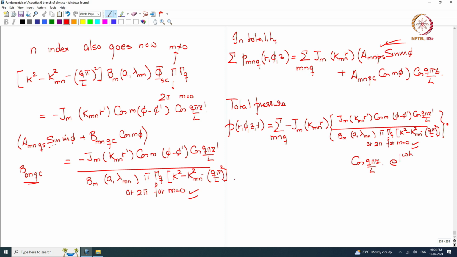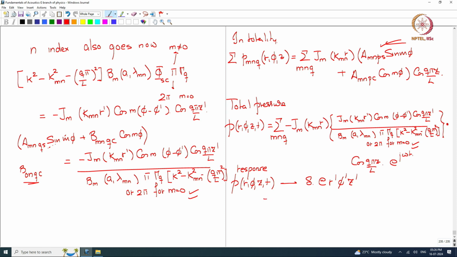So this is the response at r, φ, z to a delta that is applied at r′, φ′, z′.